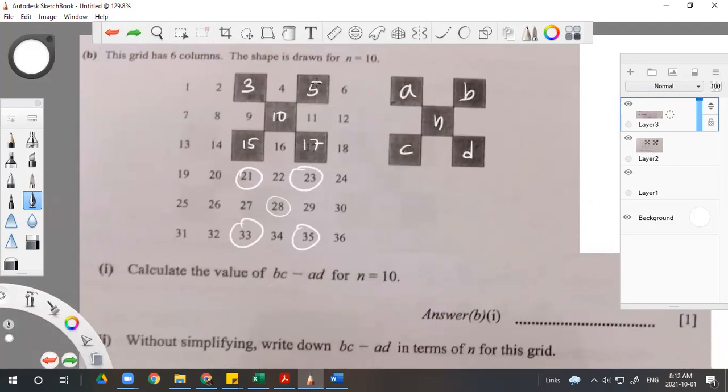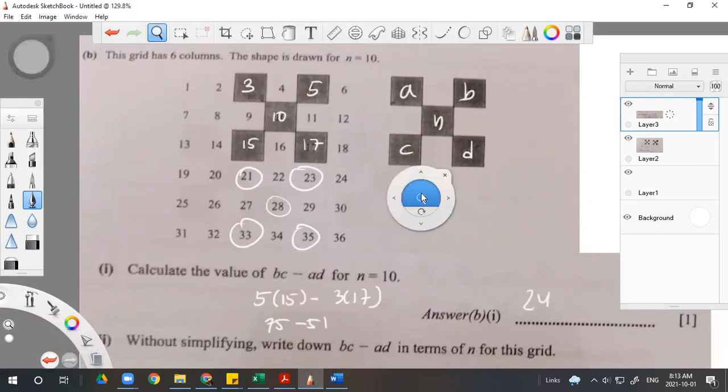B-nya 5 ya, B-nya 5 yang kanan atas. 5 times 15 subtract 3 times 17 ya. 75 subtract 51. 24.